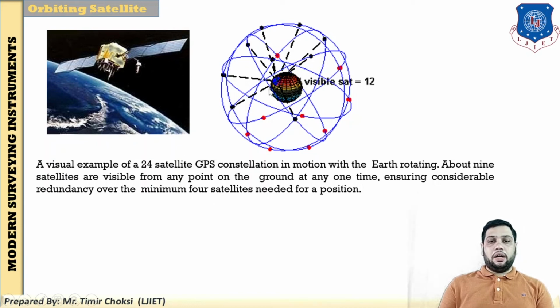So GPS consists of a 24-satellite constellation.